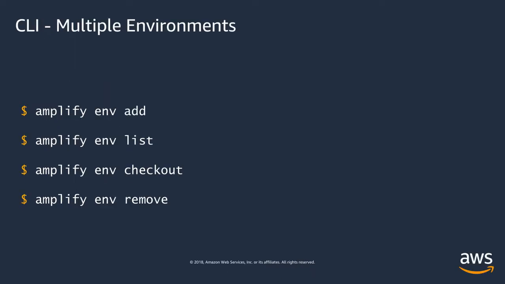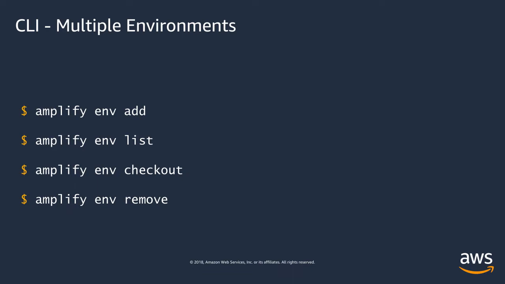Working with multiple environments is a feature that we added recently that was very important for a lot of developers, and it's super helpful and powerful. It allows you to take an existing base environment and clone it into a new environment. So say, for instance, you have a serverless function, an authentication service, and a GraphQL API, and you want to add a new feature to that GraphQL API without affecting anything else.